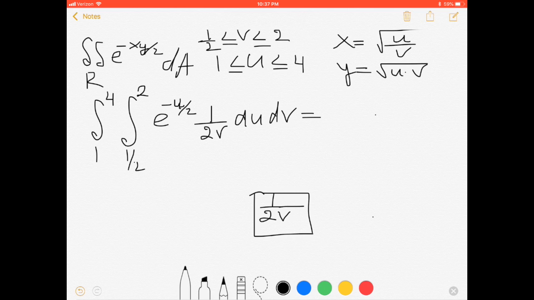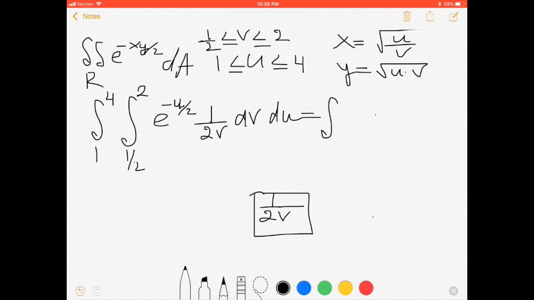Because u is changing from 1 to 4, I need to check the order, v here and u there. It's no big deal, our function does not depend on v.